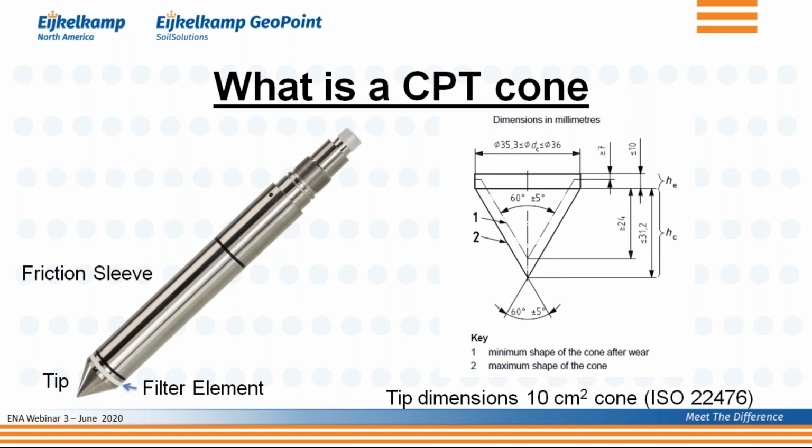For a new cone, and also a slightly worn cone, it shows you what has to be there, the minimum dimensions that have to be there before you have to discard the cone. And the ASTM standard gives you exactly the same dimensions, again emphasizing the fact that we are really using a standardized product. So that's in a nutshell what the CPT cone is all about.